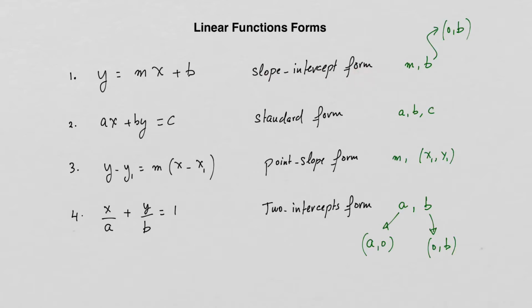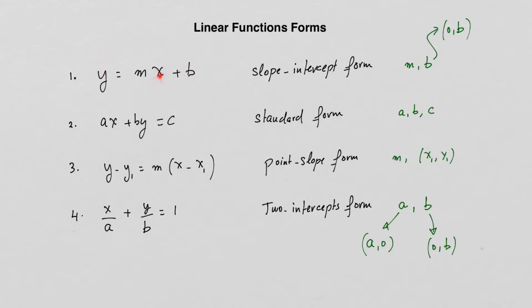The reason we call it the slope-intercept form is because the two parameters you would need to find in order to have control over this machine is m and b. And m is the slope, otherwise known as the rate of change or the multiplier. And this is called the y-intercept because when x is 0, y is b.